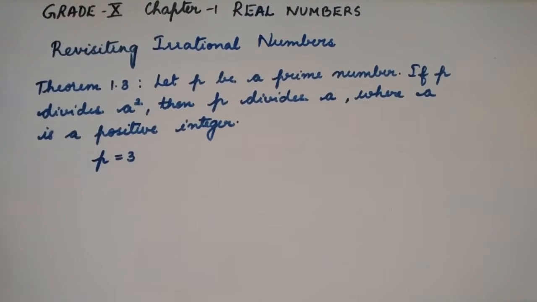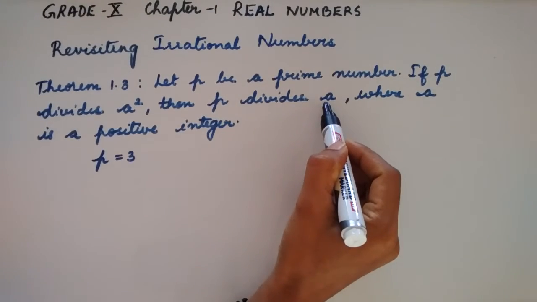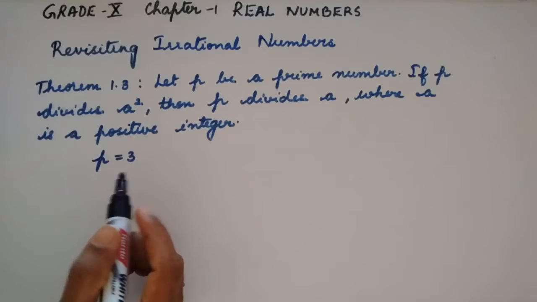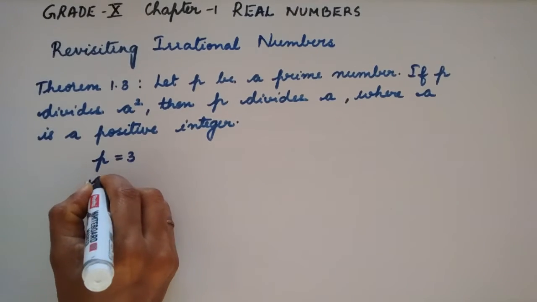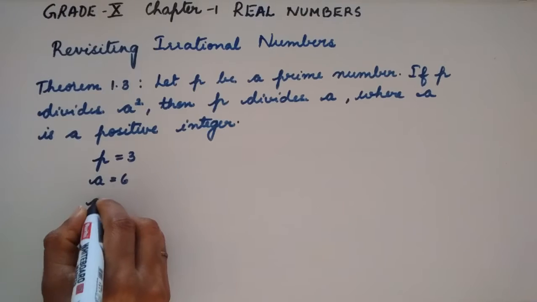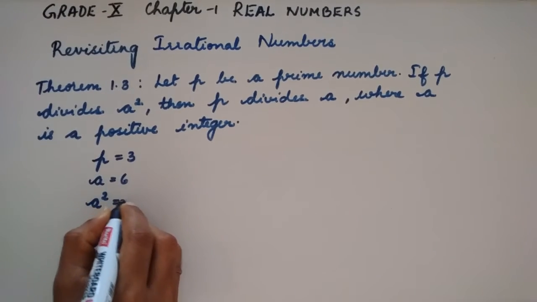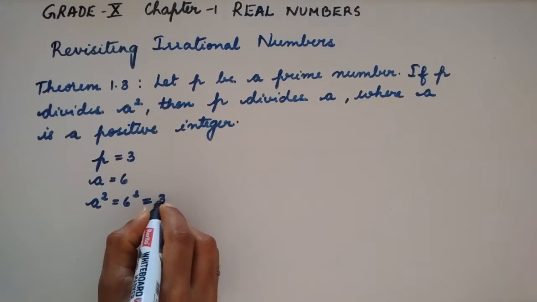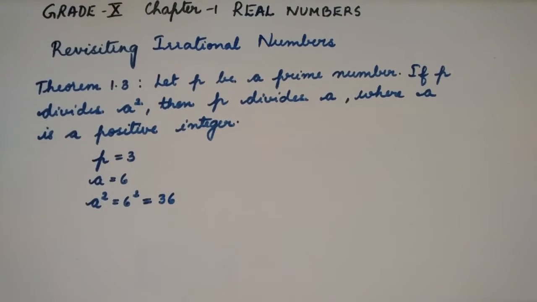I will also choose a, a positive integer. So I will take a equal to 6. That means a square will be equal to 6 square, which is 36.